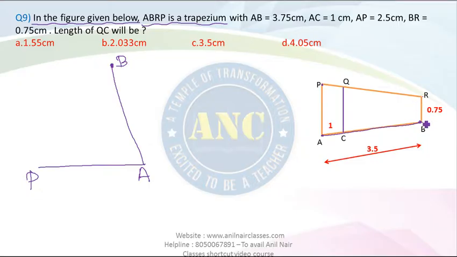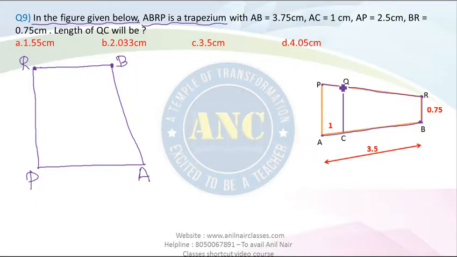Now from B I am drawing another straight line so that it meets at R. That means this becomes my BR, right? This becomes my BR value. Now from R I am drawing a line which meets at point P.